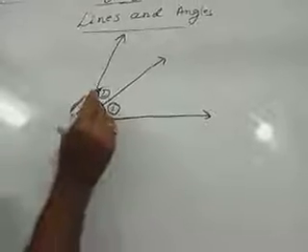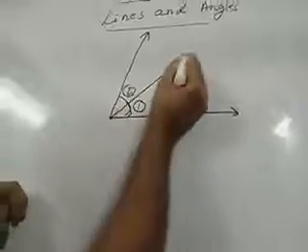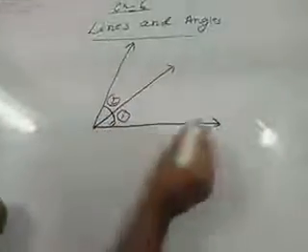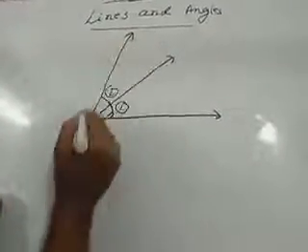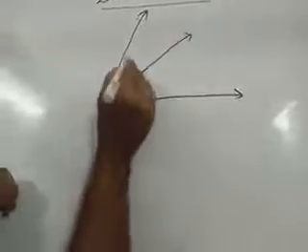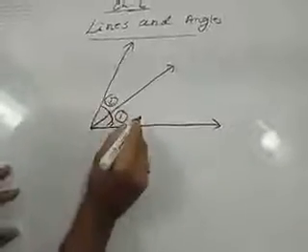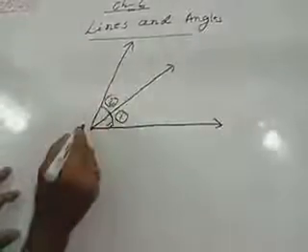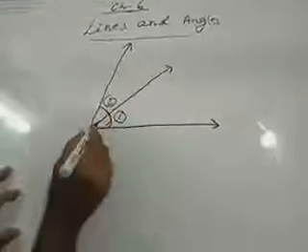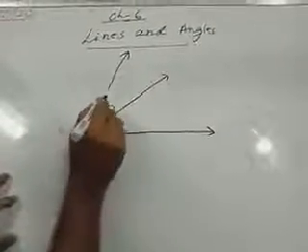Both angles have a common arm. This side is present in both angles, in angle number 1 and also in angle number 2. So these two angles are said to be adjacent angles. If two angles have a common arm or common side, this combination of the two angles is said to be adjacent angles.